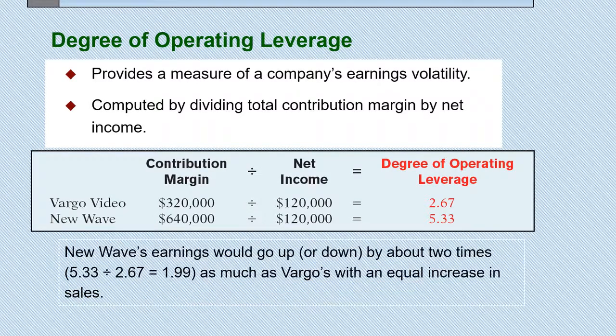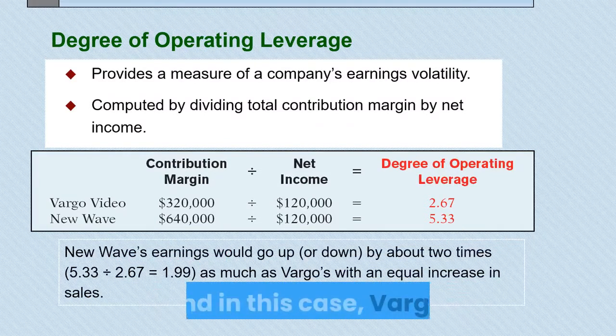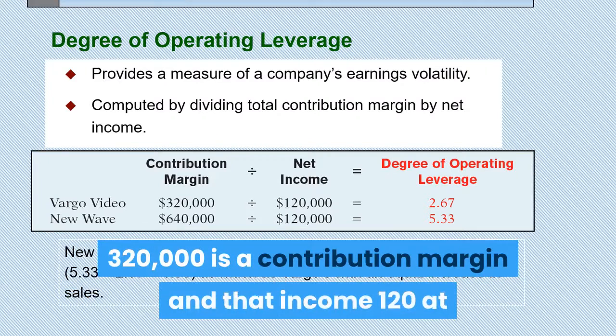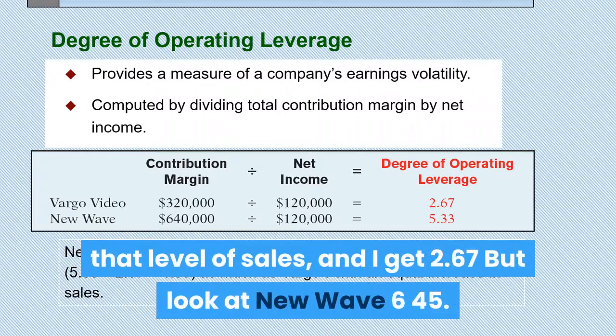Now, we call this the degree of operating leverage. And when we look at a company, we calculate that degree because that gives you an idea of the volatility of their earnings. And how we calculate it is we take the contribution margin and the net income, and we divide the contribution margin by the net income.